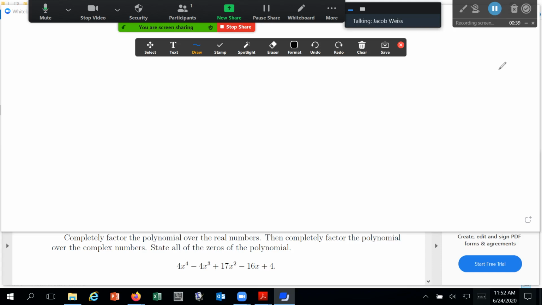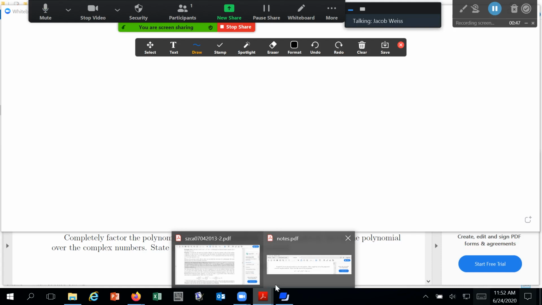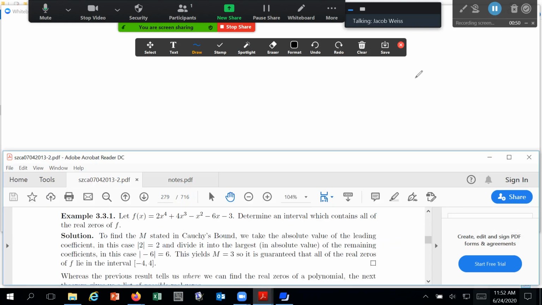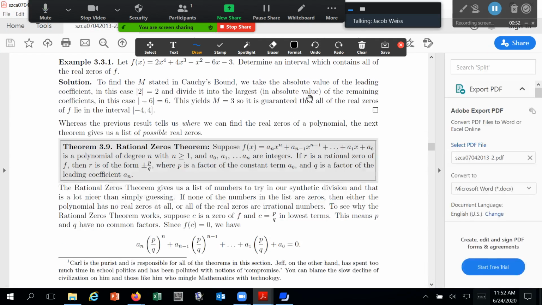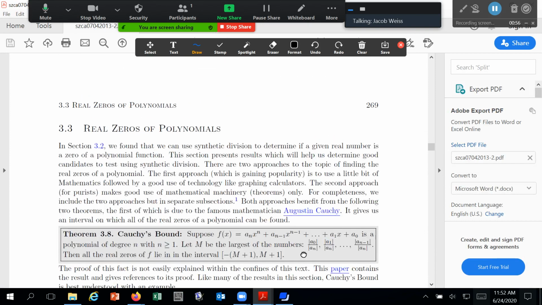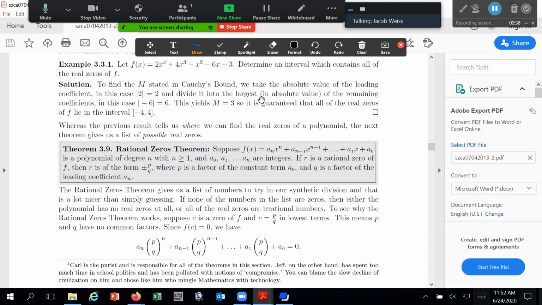do this problem, we are going to use the rational zeros theorem, which is in the book. So this is on page 269, down toward the bottom.